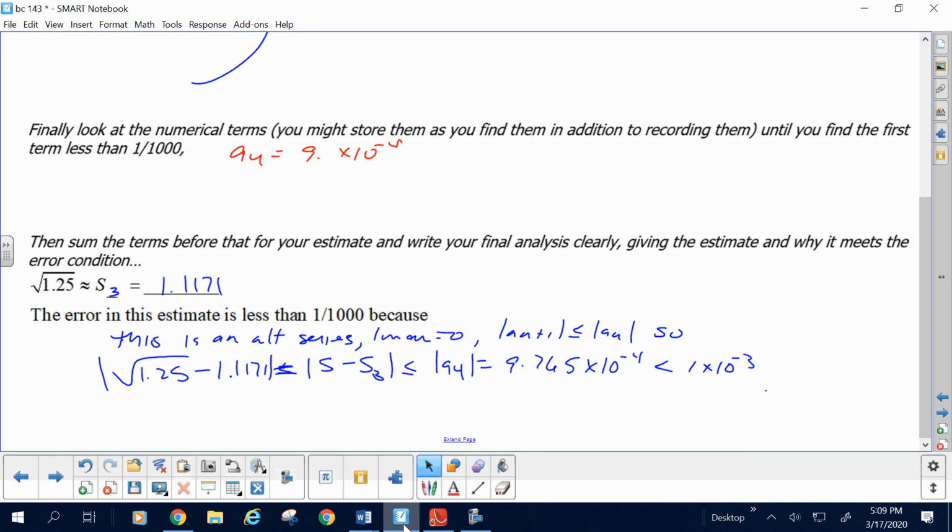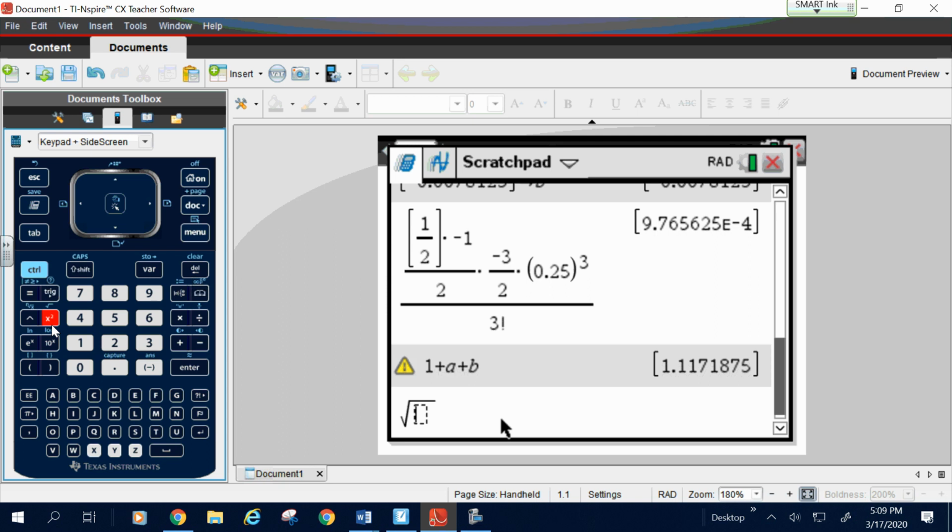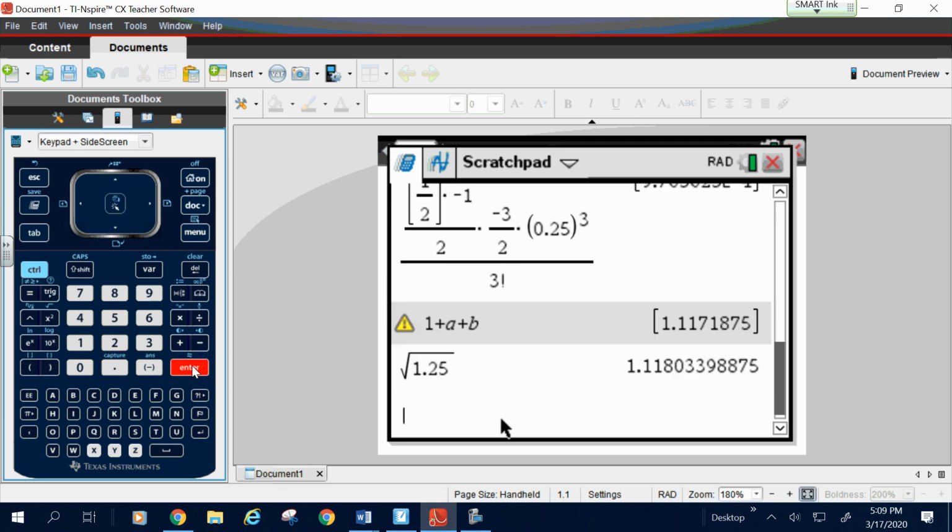So, I got my estimate, and if I were to check it, the square root of 1.25 is, if I were to subtract here, the difference between these is less than 1,000. All right?